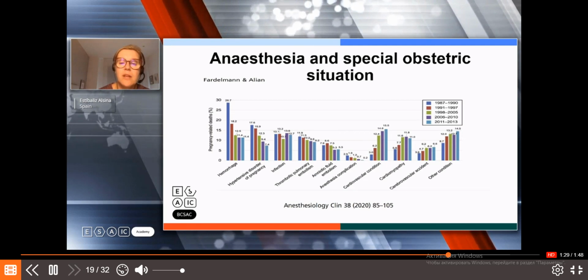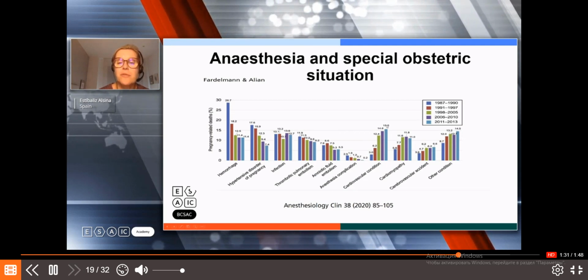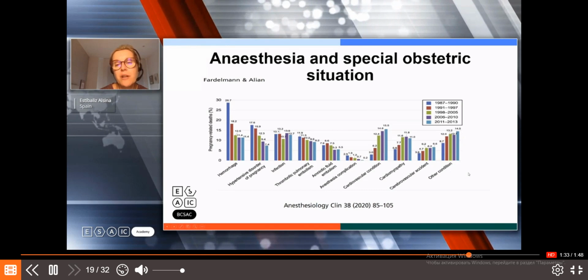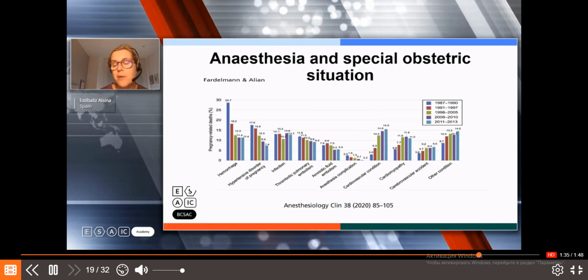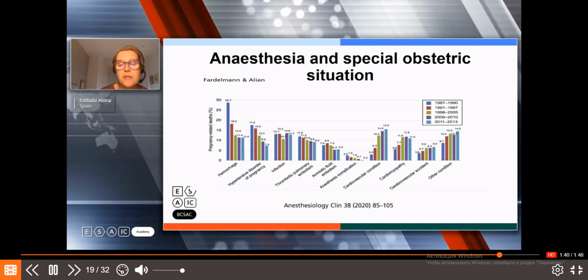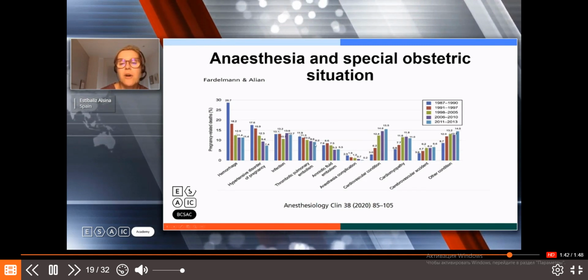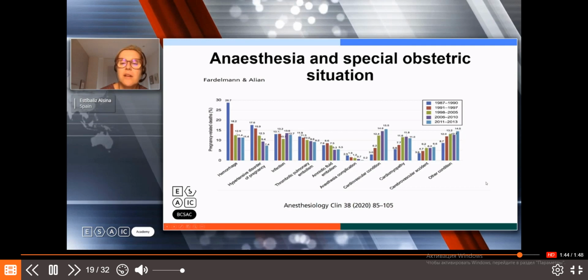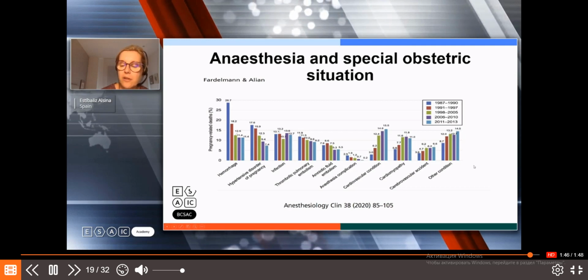And well, the civilization comes to this. We can have a pregnant woman with transplant, with hepatic transplant, with cardiac transplant, with lung transplant. So this is why the civilization has increased some other causes of death.